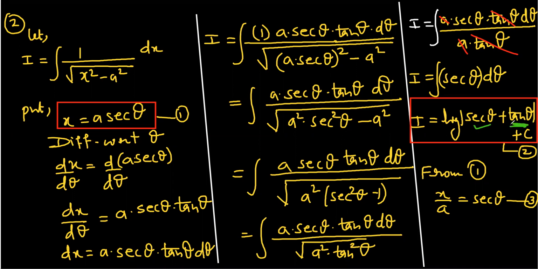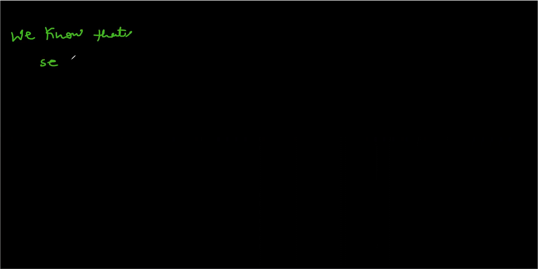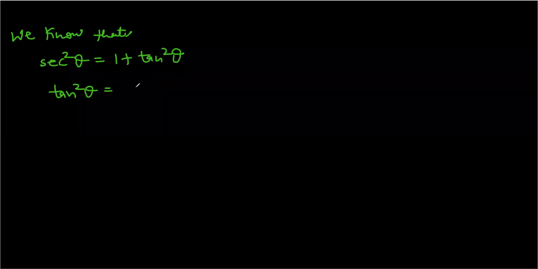So tan theta, how do I find it? I find tan theta with the help of a formula. We know that sec square theta equals 1 plus tan square theta. So tan square theta is sec square theta minus 1.